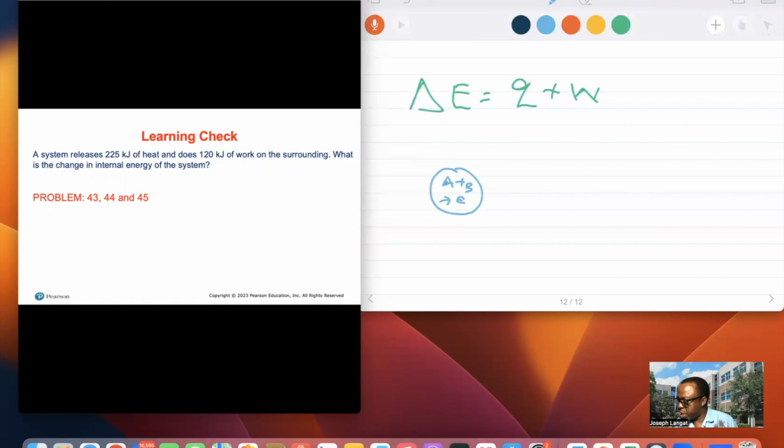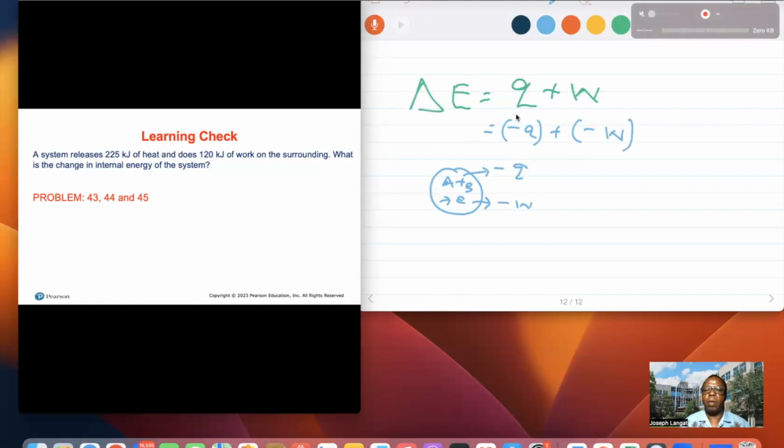That means it is getting out of the system, which means negative Q. And it does work on the surroundings, so it's getting out, that means negative W. So it's going to be negative Q plus negative W. In other words, if heat was absorbed, we would have this as positive, getting in there. Sign convention.